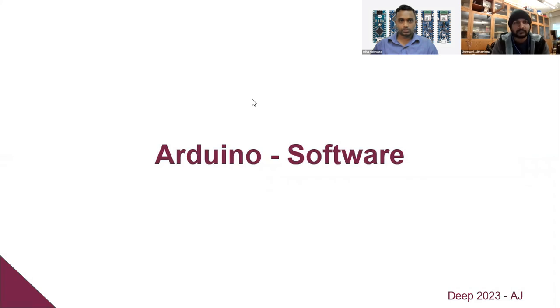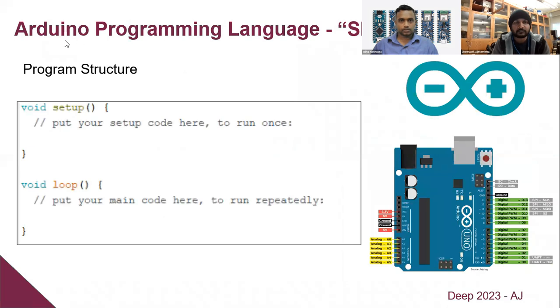Now we're going to talk about Arduino software. This is the Arduino program structure. When you open the IDE, it will load something like this. A basic program looks like this. It will contain void setup and void loop by default.